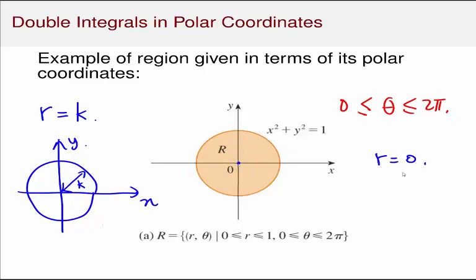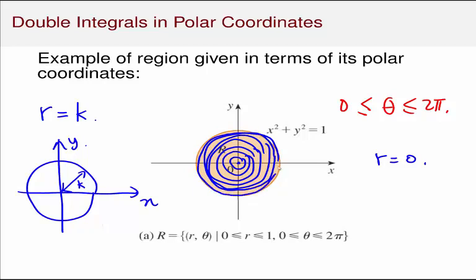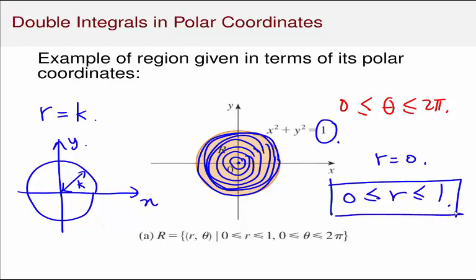Now, by slowly increasing the radius of the circle, we are covering the entire region R until the radius of this circle is precisely 1, in which case we have arrived at the boundary of this region. You follow me? Hence, the range for the variable r is between 0 and 1. And finally, these two sets of inequalities determine the region R in terms of the polar coordinates.